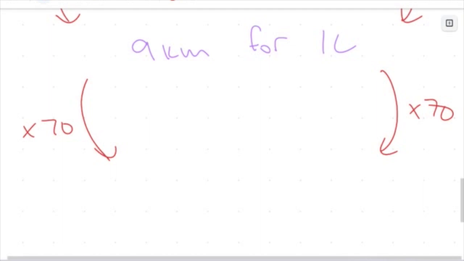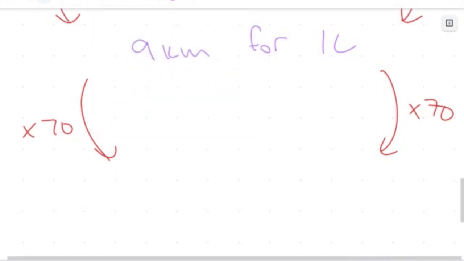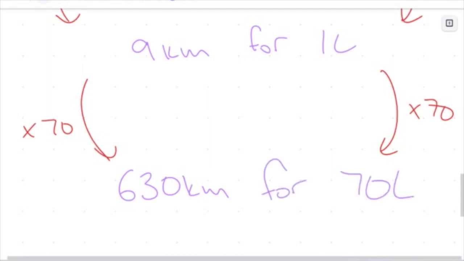This is kind of useful, right? So you don't get stuck on the highway. This is where maths has very real world applications in terms of rates. So multiplying 9 by 70 gives me 630 kilometers. And this is the distance traveled for 70 liters of petrol.